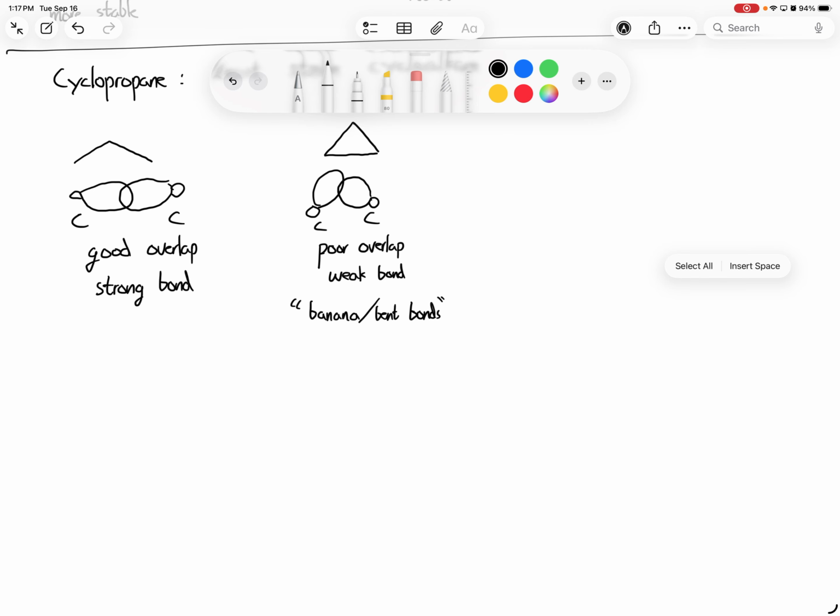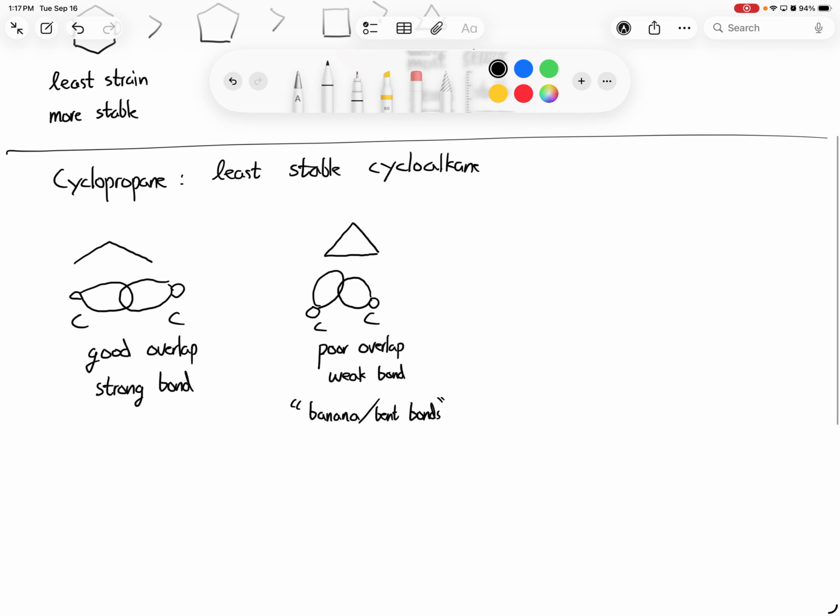Okay, so now let's draw little pictures to describe what kind of strain is in cyclopropane. Let's draw carbon atoms here. We have 2 hydrogens on each carbon, like we saw before.